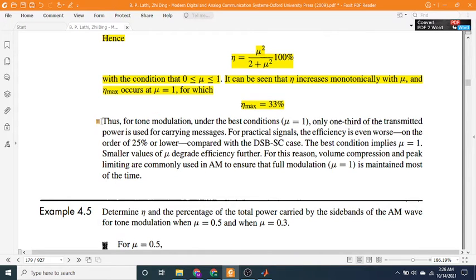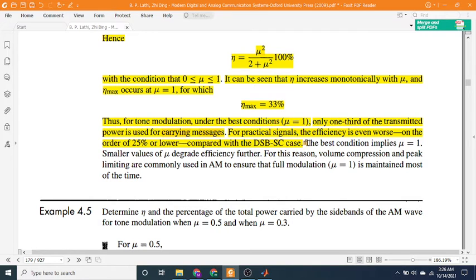Thus, for tone modulation, under the best conditions, μ = 1, only 1/3 of the transmitted power is used for carrying messages. For practical signals, the efficiency is even worse, on the order of 25% or lower compared with the DSBSC case.